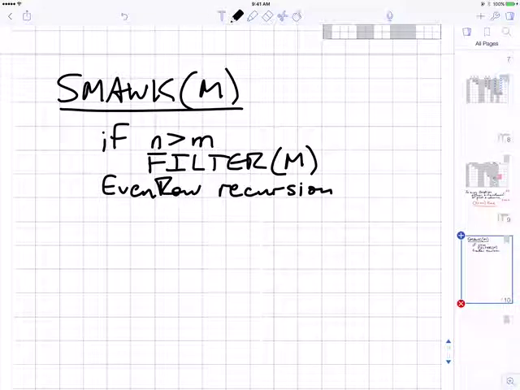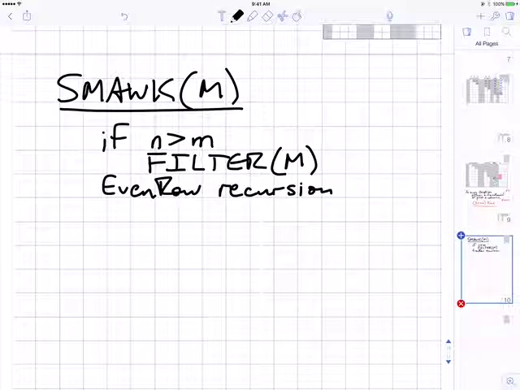So if the array is wider than it is tall, apply this filtering algorithm to narrow it, and then take every even row, recursively call SMAWK to get the row minima in every even row, and then walk through the staircase to fill out the odd rows.